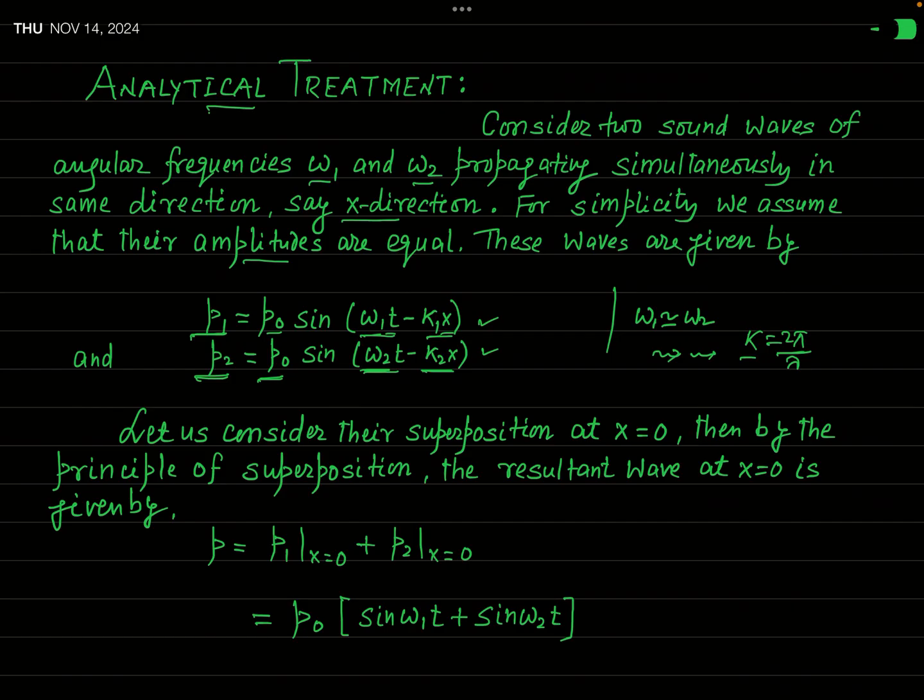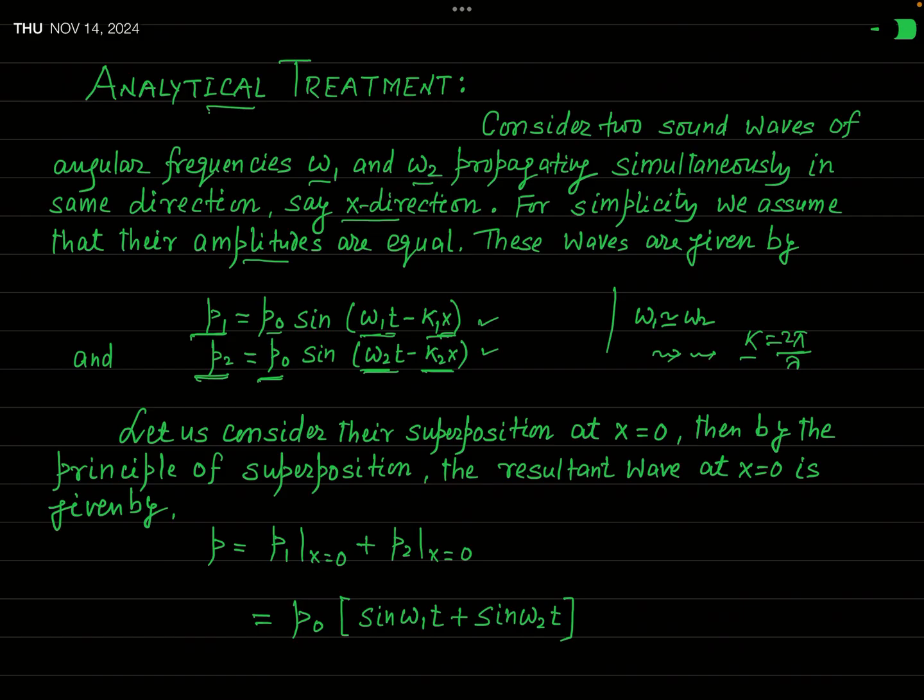Now in the course of motion, these two waves will get superposed. Our aim is to find the resultant amplitude or resultant intensity after superposition of these two waves at a particular position. So we should talk about a situation where x has a particular value. Since position is fixed, we have to discuss the superposition at a particular point. For simplicity, what will be the simplest value of x?